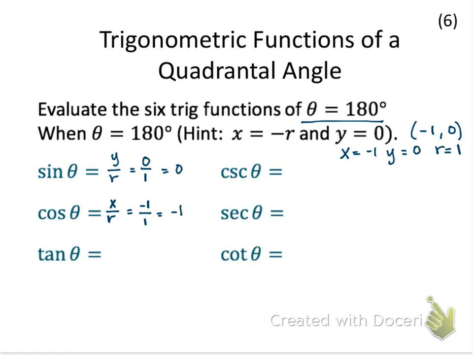And our tangent, being rise over run, was our y value divided by our x value, which is 0 divided by negative 1, which will give us 0. For our cosecant, since it's a reciprocal, that would be our r value divided by our y value. So we would have 1 divided by 0. However, we cannot divide by 0, so this guy is actually undefined.